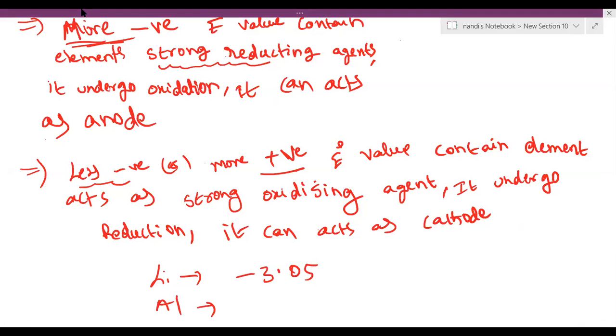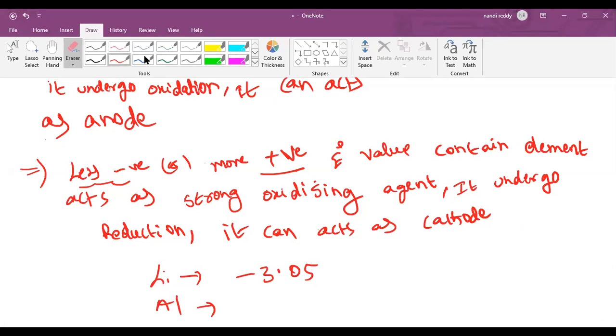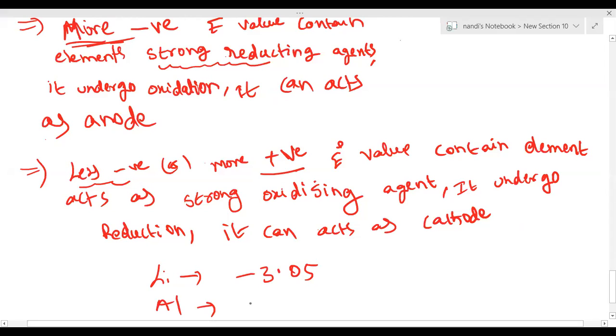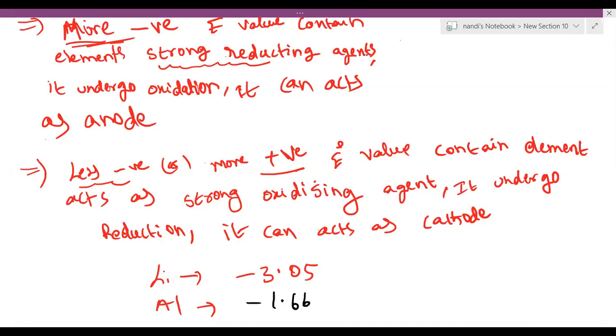Is it clear? Please check it. Minus 1.66. Which is the more negative value here? Lithium. Which can act as reducing agent? Which one has more negative value, that can act as reducing agent. Is it clear?